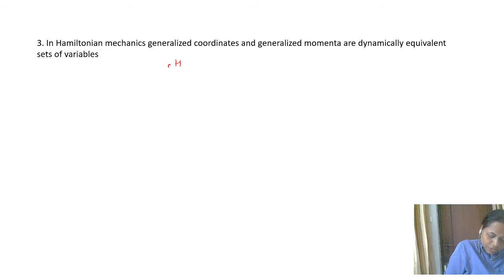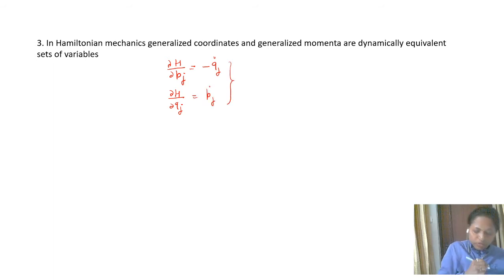Delta H by delta Pj is minus Qj dot and delta H by delta Qj is equal to Pj dot. These are 2n equations.